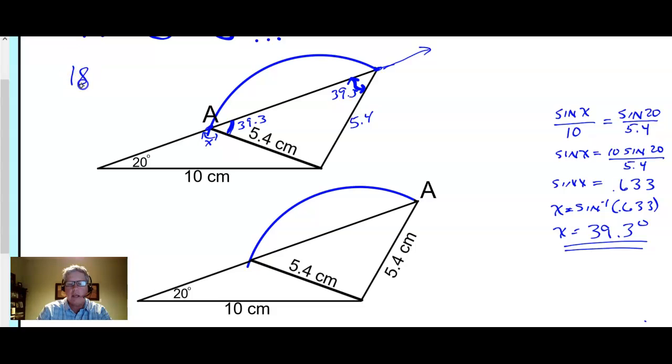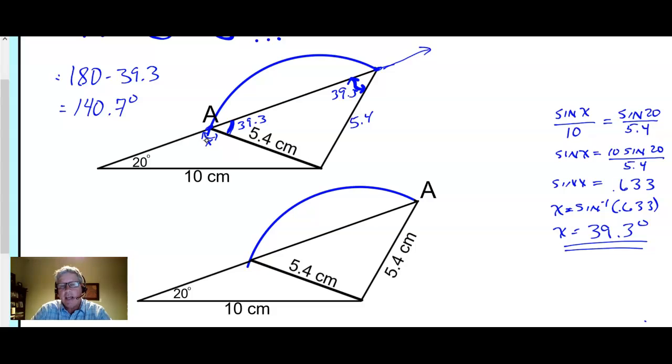Oh, 180 minus 39.3. Isn't that bringing up some ideas about sine? Once we have the first angle, how do we get the second angle that satisfies the same condition? You subtract it from 180. Oh, what? 140.7 degrees. So that's what that angle is.